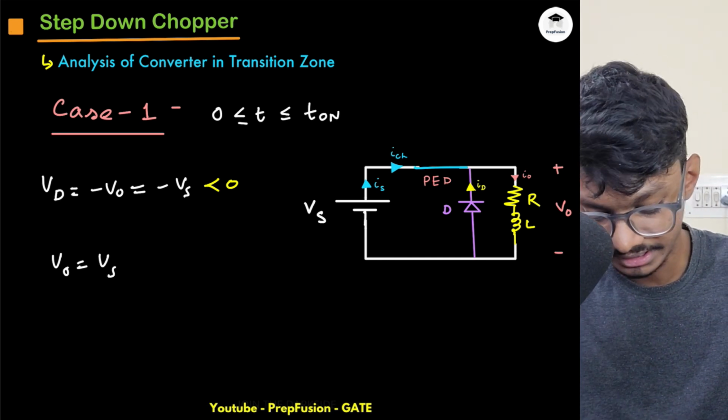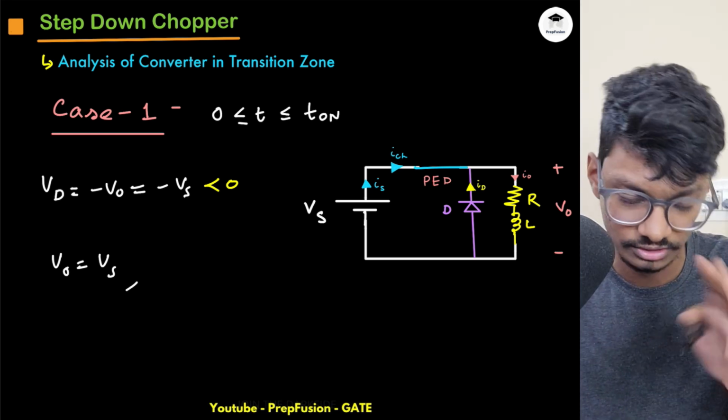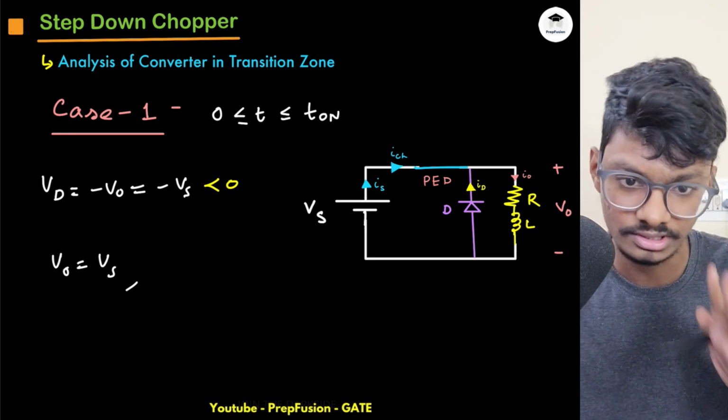One more thing is that initially I had assumed an initial current, just for one transient, for the first cycle itself, and after that things will change. I will explain what will change.